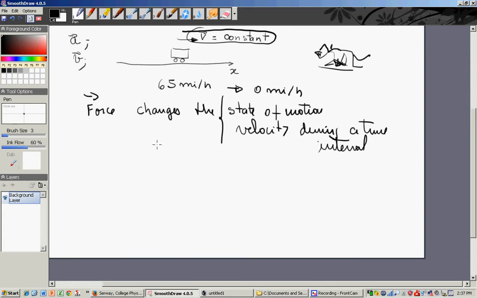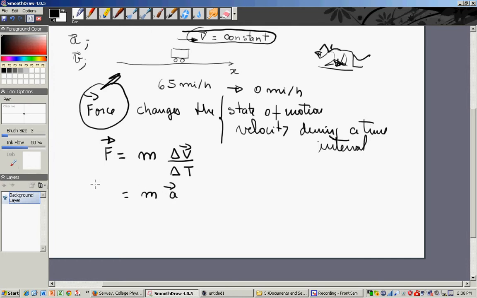And technically, as we're going to see in Newton's second law, force is a vector, and whatever external force is used to change the state of motion is going to be proportional to the change of your velocity over a certain time interval. And the change of velocity over a certain time interval is called acceleration.